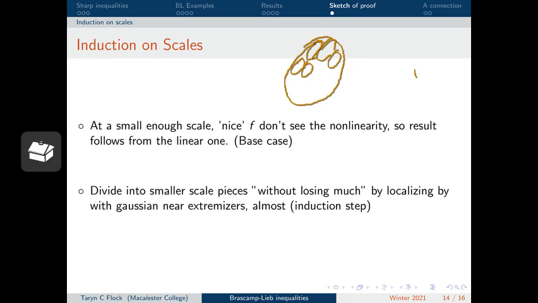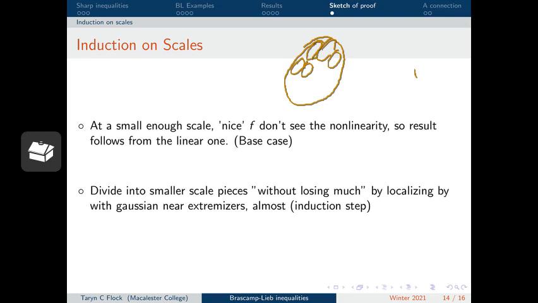And the key here is using these Gaussian near extremizers with controlled eccentricity to do our division of space. It's precisely the ability to use these Gaussians to localize that gives us the control to not lose too much in our induction on scales argument.